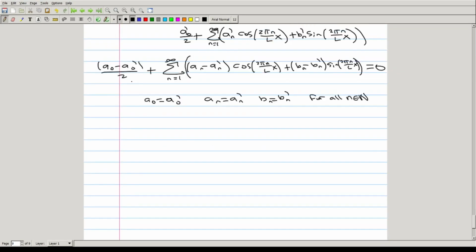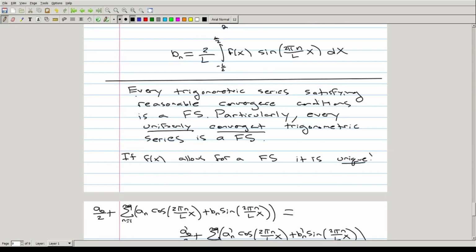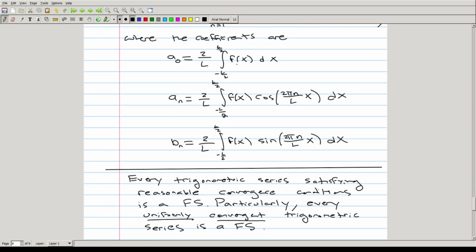And this is the first condition that we'll put on f, and we'll investigate this a little bit more in detail in the next lecture. So we know that this will be true for continuous f of x. These integrals will always exist for continuous f of x. But what's important to point out is that this is also true for piecewise continuous f of x.